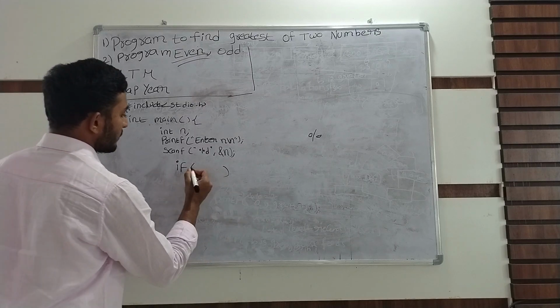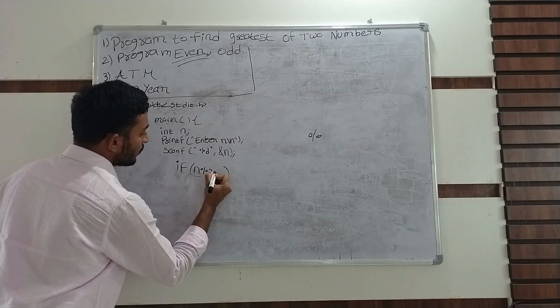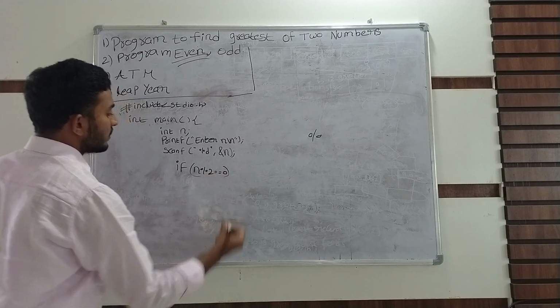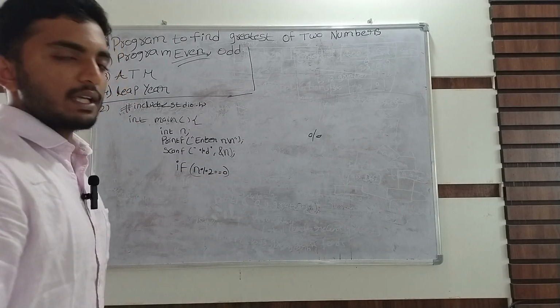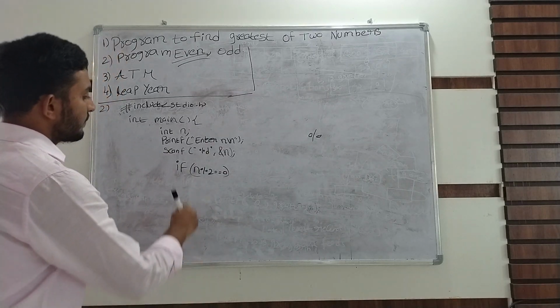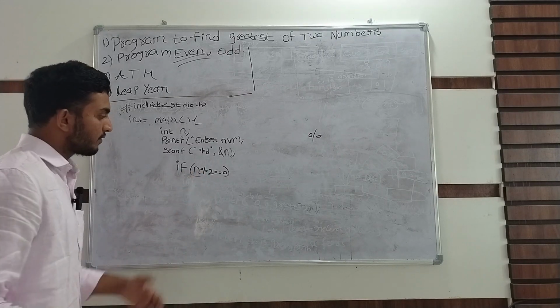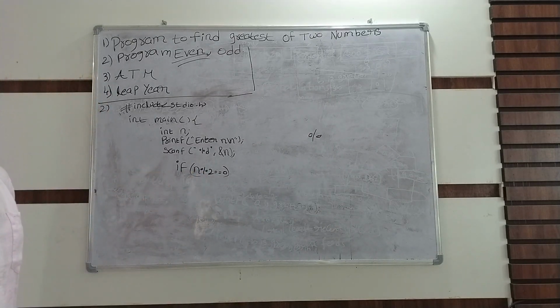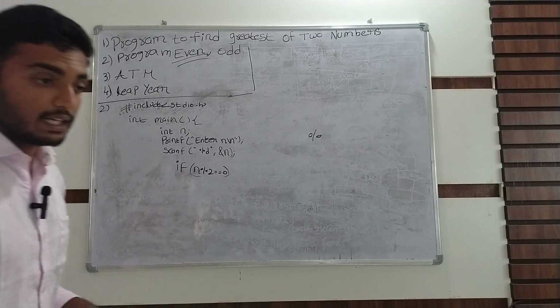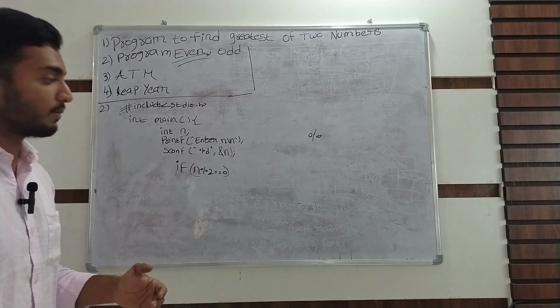Let's see: if n modulus of 2 double equals to 0. If any number is divided by 2 and we get the remainder equal to 0, it is an even number.